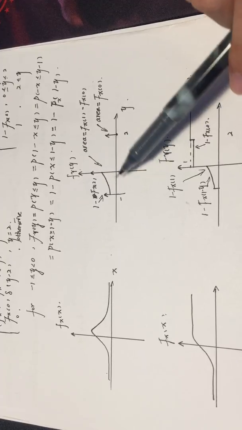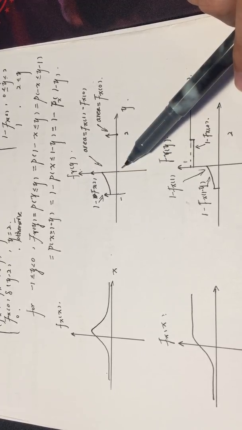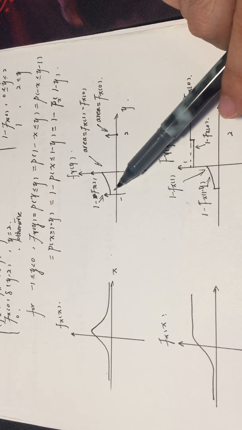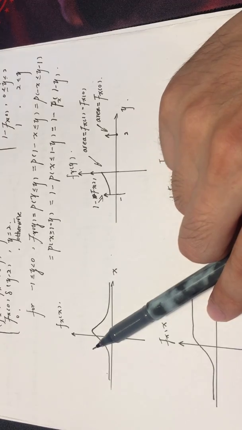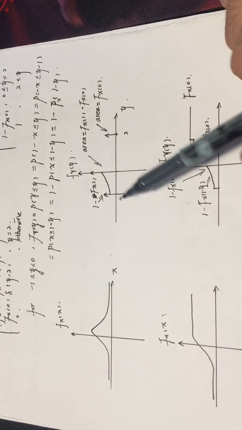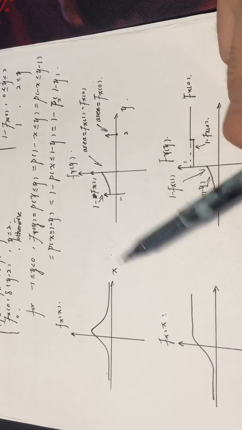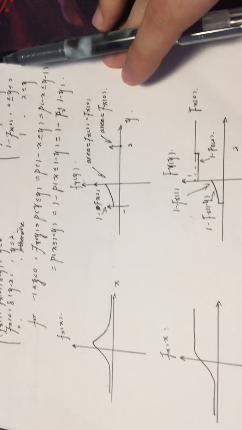And between minus 1 and 0 is the density function of fx. So we can just copy the part of fx and place it into this diagram.